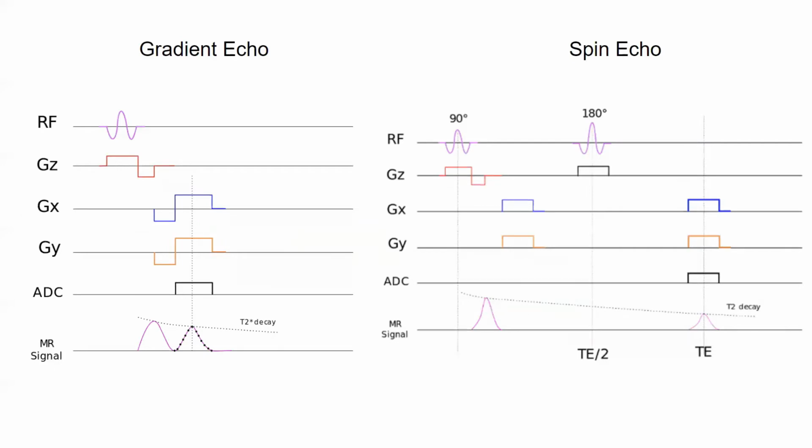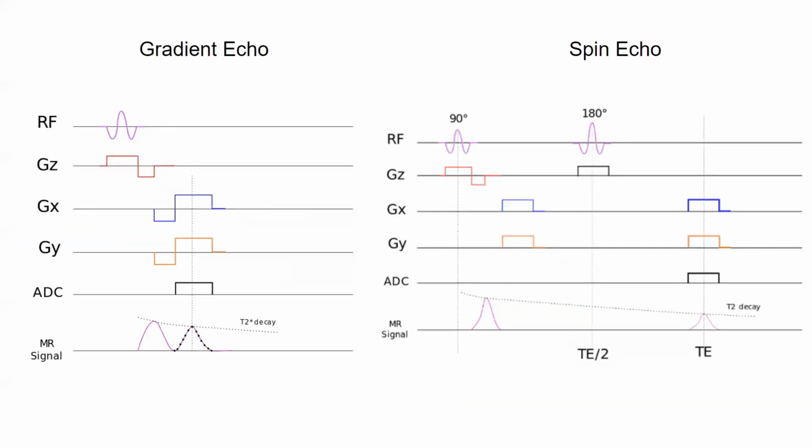On the right-hand side, the spin echo is illustrated. We start the sampling after 2 times the time of the first to second 180-degree RF pulse. So during the sampling time, the T2 decay is prominent. That is why we use different time constants.